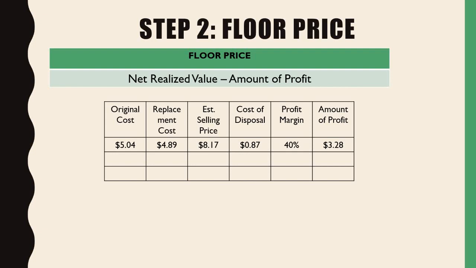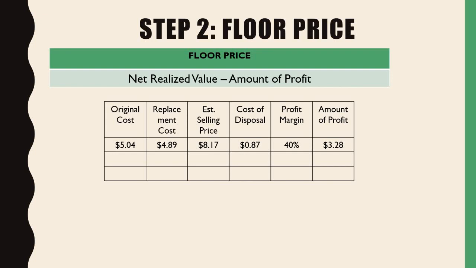Then step number 2 is solving for the floor. In this case, it's net realizable value minus the amount of profit. Net realizable value, which we know to be the ceiling price, right?